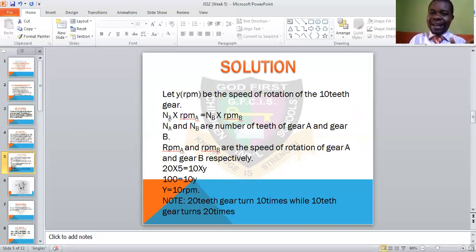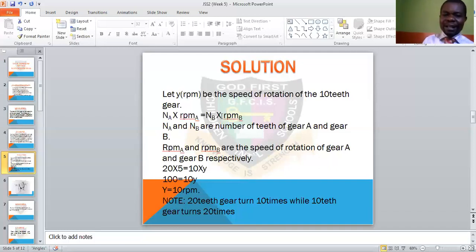NA, number of teeth of gear A, multiplied by revolution per minute, that's RPM of gear A. Those two belong to gear A, equal to number of teeth of gear B multiplied by revolution per minute of gear B. So each of them has RPM and N. That's NA RPM A equal to NB RPM B. That is number of teeth, and revolution per minute. Another one, number of teeth, revolution per minute. Two of them have it. That is what we mean.